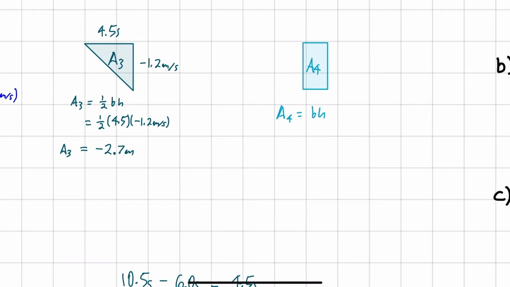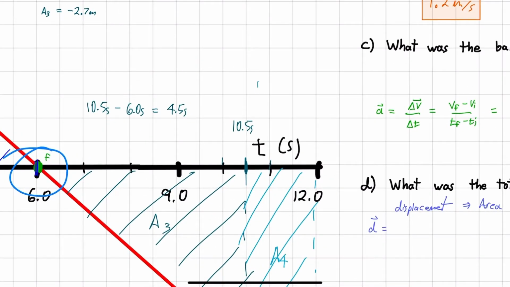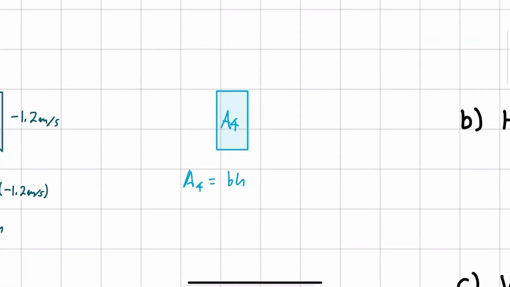Just base times height. What is our base? Well, again, 12, sorry, I should slow down, not go a little too fast here. 12 minus 10.5 seconds equals 1.5 seconds. That is the base of our triangle, or our rectangle, sorry.